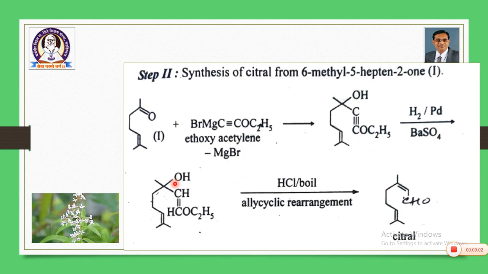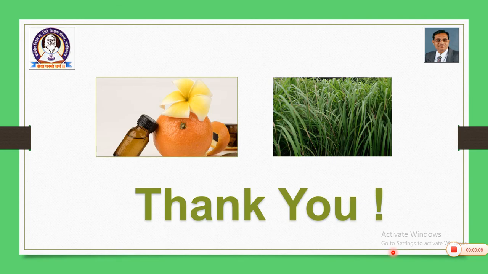So, this OH group gets eliminated and we get the final product. So, in this way we can learn the synthesis of citral. Thank you.